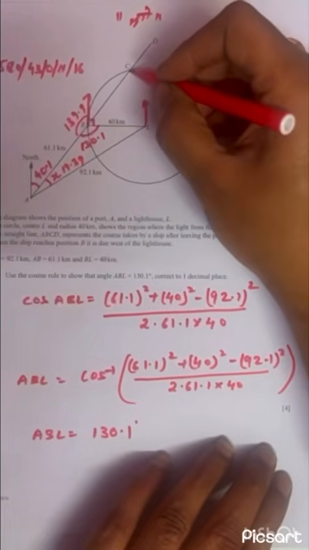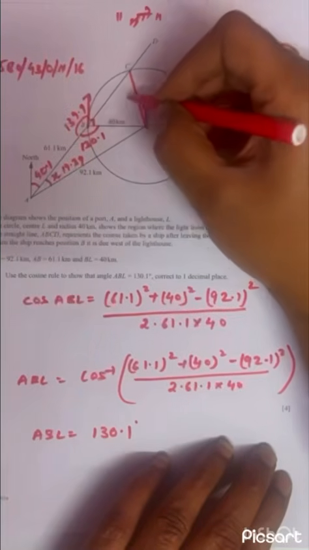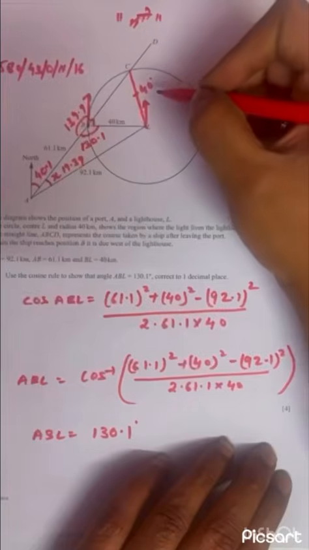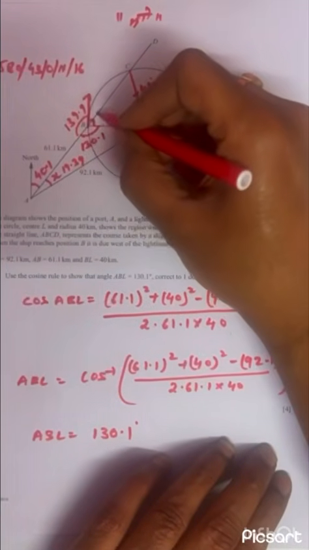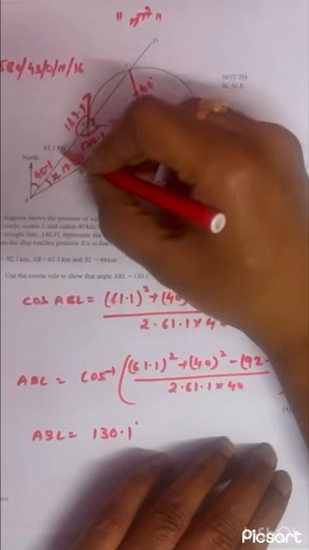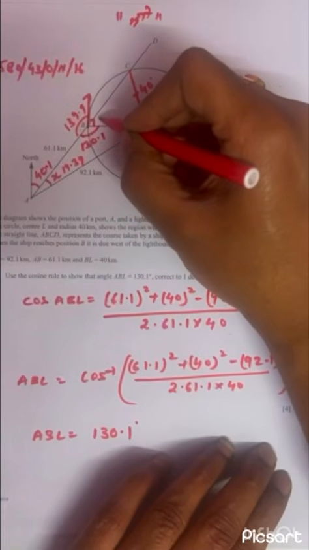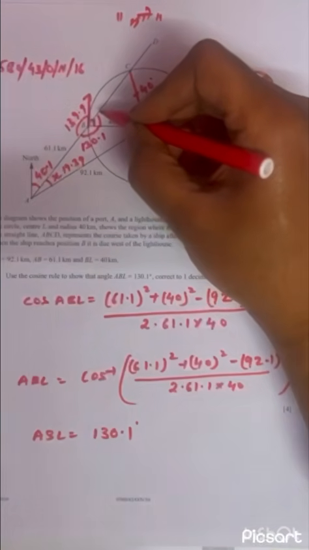So I will join this line. Since they both are radius, it will become an isosceles triangle. This will also become 40. And now I need to find this angle. It is a straight line, right? This one, ABCD, I'm talking about. This is 130.1, so I can find out this. This will become 49.8.